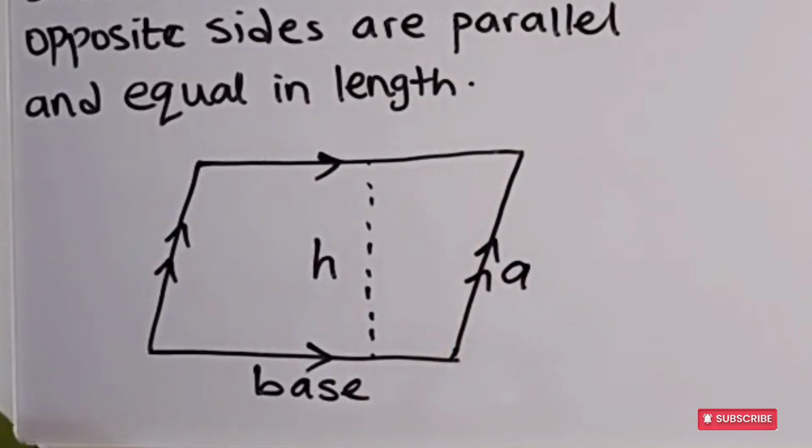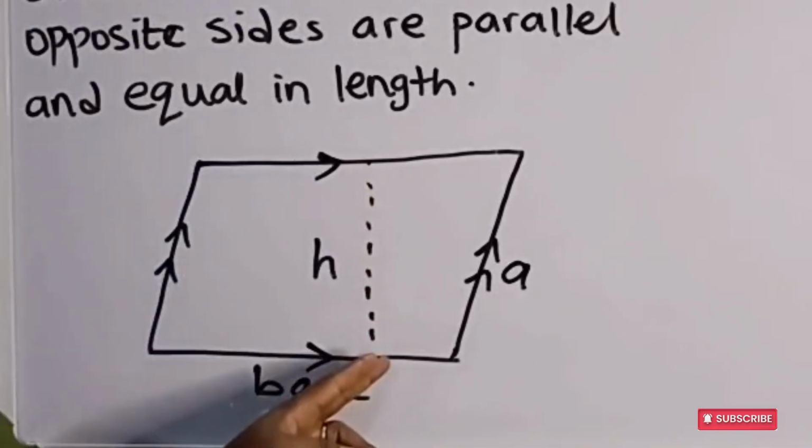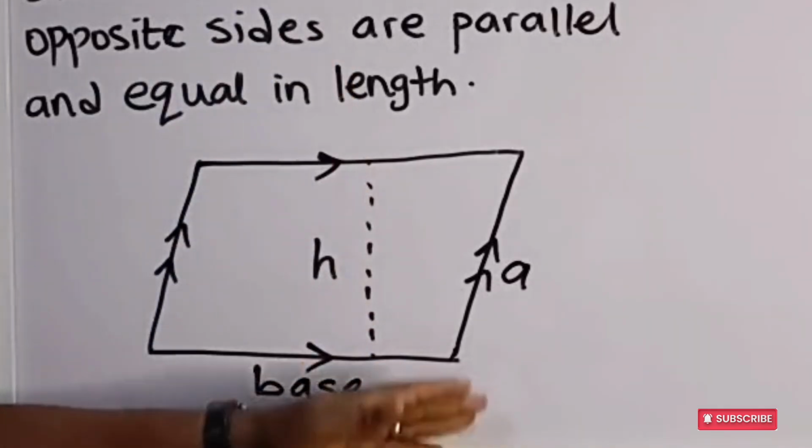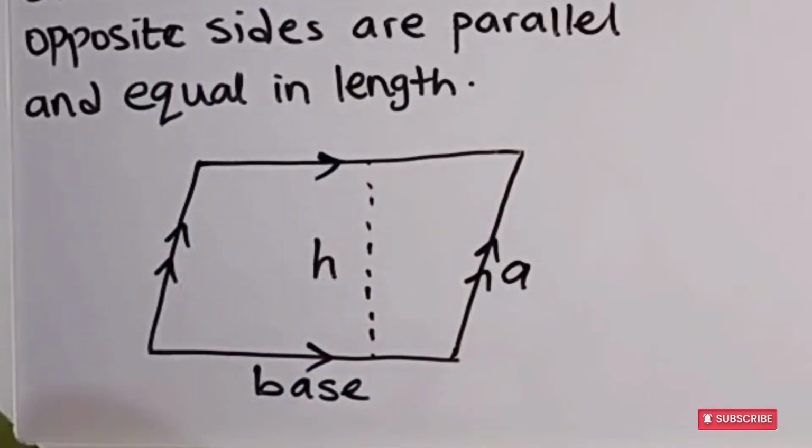When you are solving for the area and the perimeter, you should be careful which of the heights you are using. If you use the wrong height, you'll get the wrong answer. The vertical height is the one that is at 90 degrees to the horizontal, and then you have the slant height. Let's look at the formula for the area of a parallelogram.